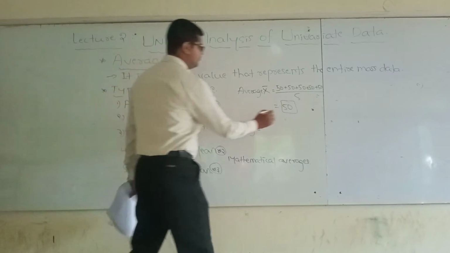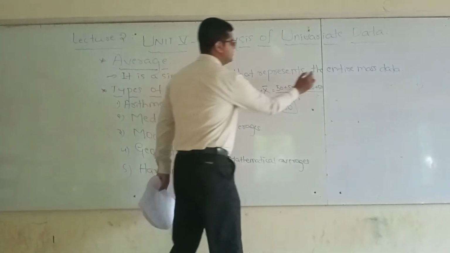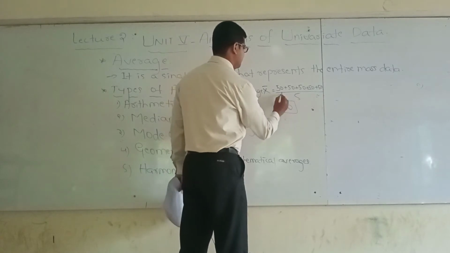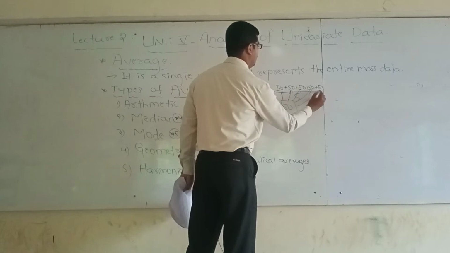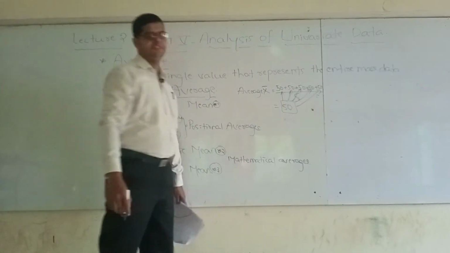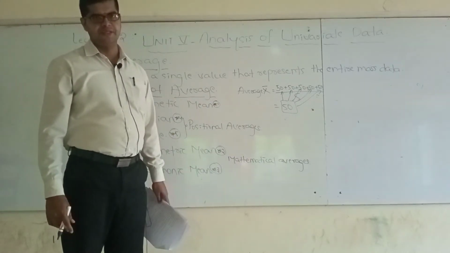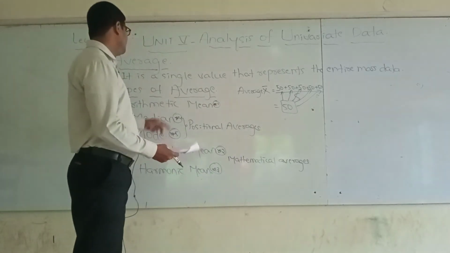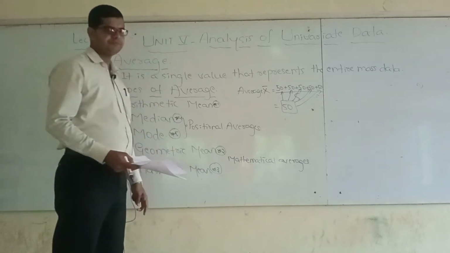It is a single value that represents the entire mass. All this data can be compared with this arithmetic mean or average of 50. So that's what they have given in the form of meaning.